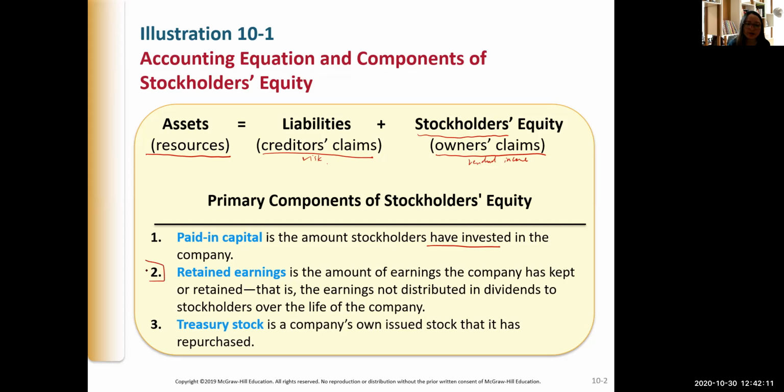Retained earnings is the amount of earnings the company has kept, not distributed as dividends to the stockholders over the life of the company. And treasury stock is a company's own issued stock that has been repurchased. We're going to talk a lot about why treasury stock is important.